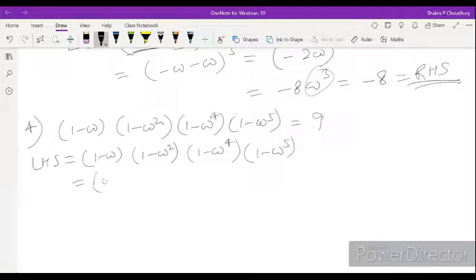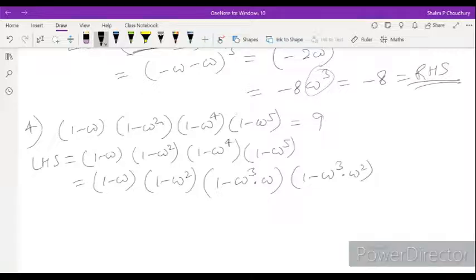Here we'll write 1 minus omega as it is, and 1 minus omega square. Now 1 minus omega to the power 4 we can write as omega to the power 3 into omega, and 1 minus omega to the power 5 we can write as omega to the power 3 into omega square.